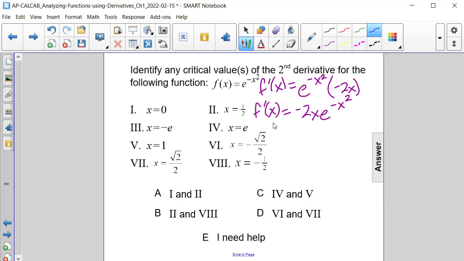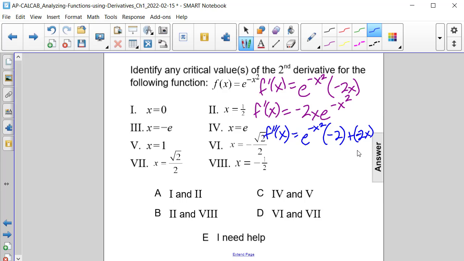All right, now we have to find the second derivative. And in order to find the second derivative, we're going to have to apply the product rule. And the product rule says the second, that's e to the negative x squared, times the derivative of our first, which is the derivative of negative 2x, so that's going to be negative 2, plus our first, negative 2x, times the derivative of our second.